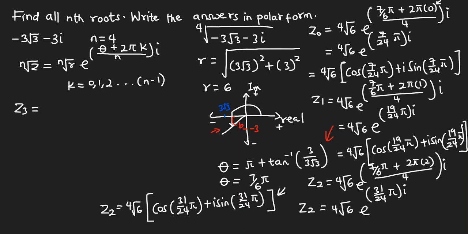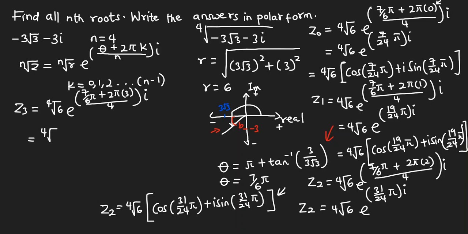So you're going to have the fourth root of 6 multiplying e to the power 7 over 6 pi plus 2 pi multiplying 3 because k is 3, all divided by 4, and then multiplied by i. So let's simplify this and see what you're going to get.